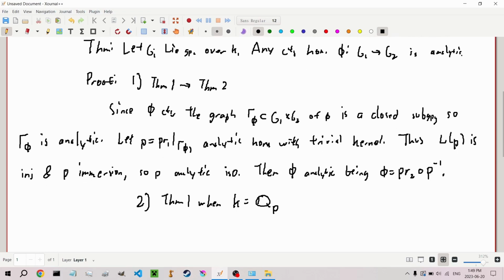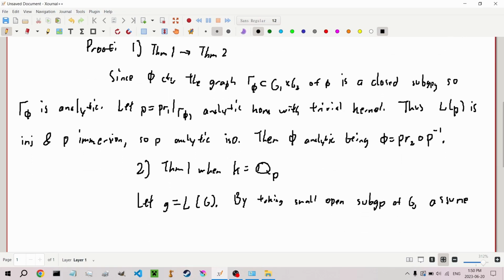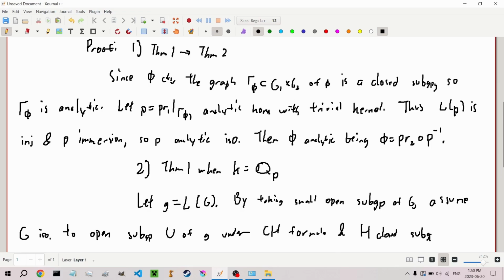So here we are going to give our algebra of G explicitly, and by taking a small open subgroup of G, we can assume that G is isomorphic to an open subgroup U of G under the Campbell-Hausdorff formula, and that H is a closed subgroup of G.